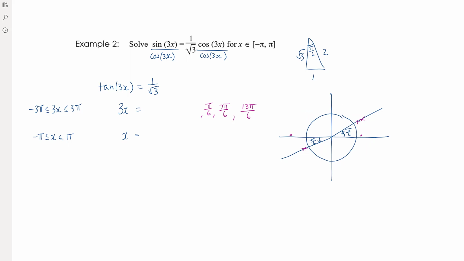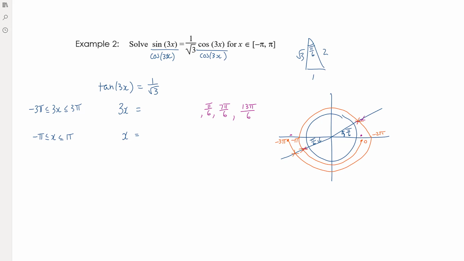Okay, so let's start at 0, we'll use a different colour. So start at 0, we'll go back the other way to negative pi, back around to negative 2 pi, and around to negative 3 pi. So we get 1, 2, 3 solutions.